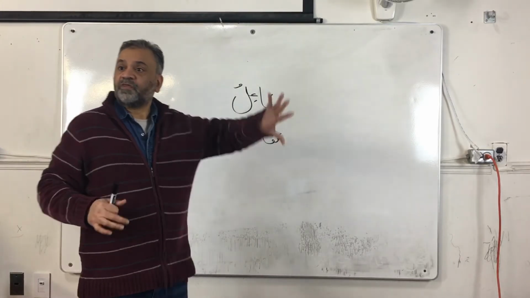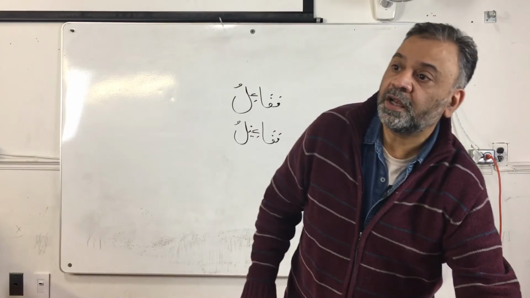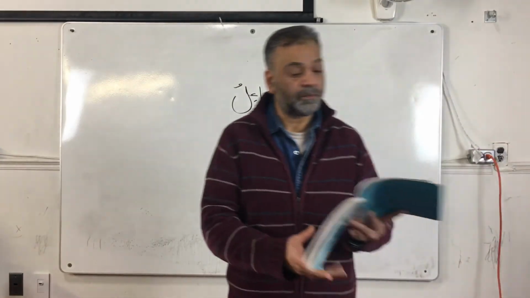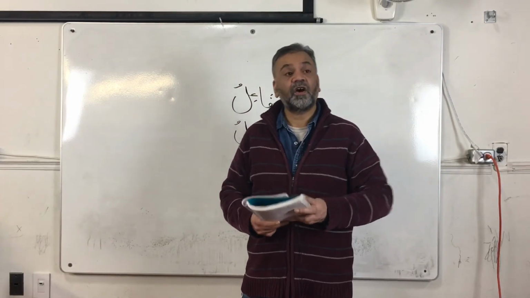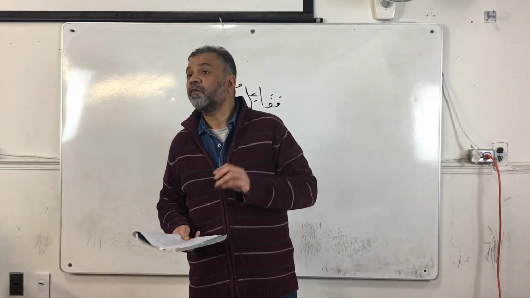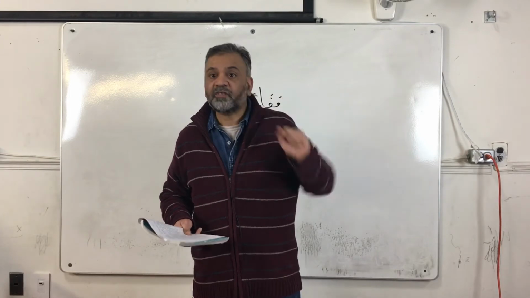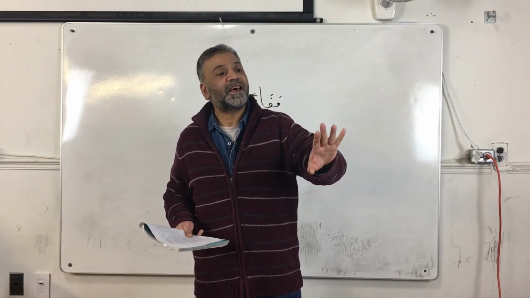If the plurals come in those two patterns, then they become diptotes. Mafatihu. I have many keys. Haza miftahul ghurfati. This is the key of the room. Now, why miftah? Why not miftahun? Why miftahu? Not because it is a diptote, because it is coming as a mudaf.